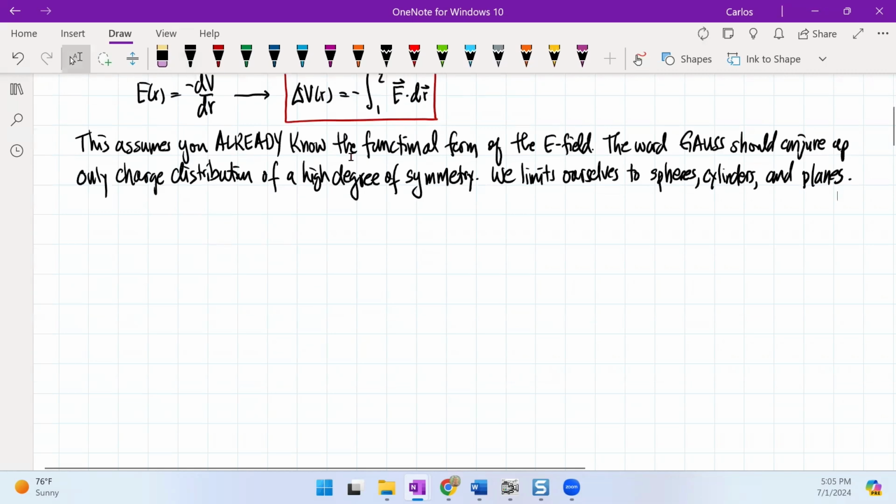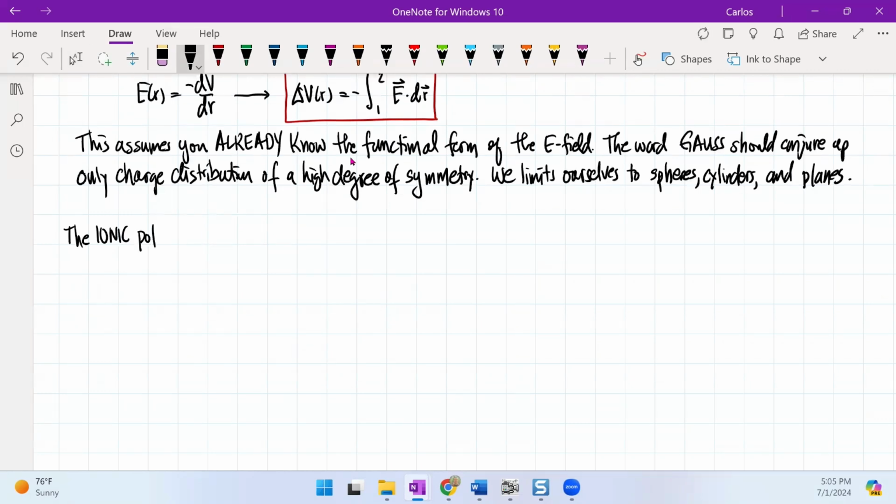So there are some iconic problems. So the iconic problems or potential fields that one should know at the level of physics 4b is that one is a charged parallel plate, which we already looked at.